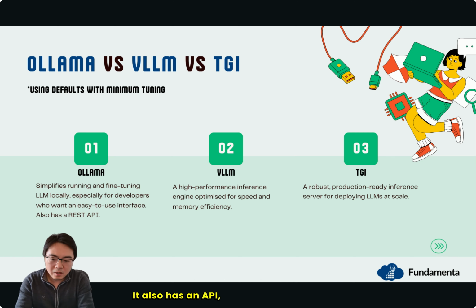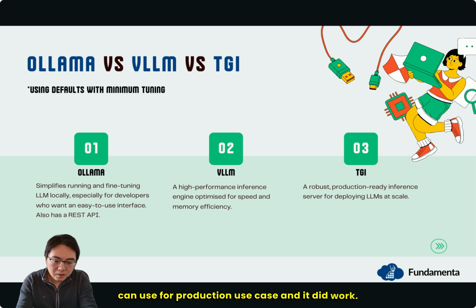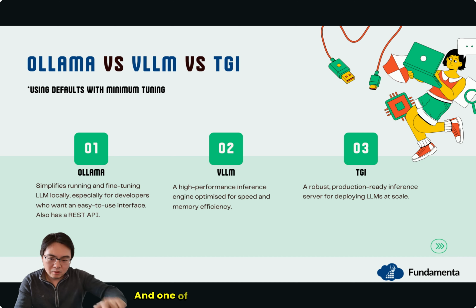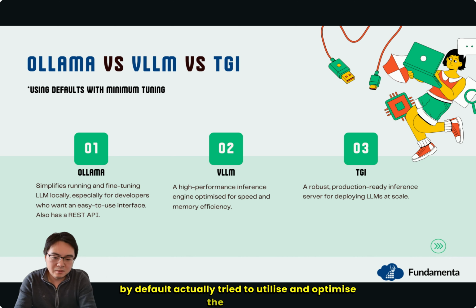It also has a REST API, which is why in the original video I thought maybe I could use it for a production use case, and it did work. But the other option, vLLM, is a much more optimized option for high-performance inference, and it's optimized for speed. One of the issues I had in Ollama was that it wasn't very good at utilizing the memory. But vLLM by default actually tries to optimize the memory consumption, especially GPU memory.